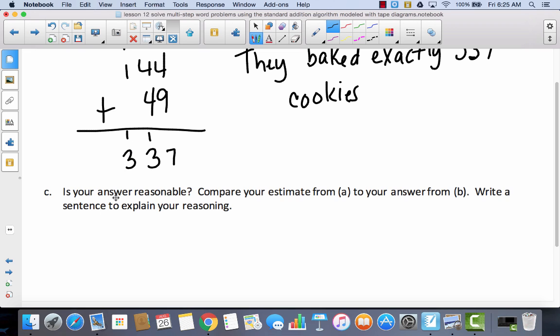This doesn't say, is your answer right? It says, is it reasonable? So even if I made a silly addition mistake, I know that this is still really close because it's close to my estimate.